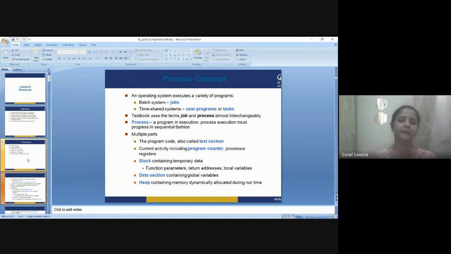Then the process has a data section, which consists of global variables. Similarly, a heap is there. What is a heap? It contains memory which is dynamically allocated during runtime. So these are all the things which are there in your process concept. So let us see further.